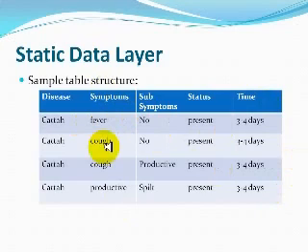Here you can see the symptom as fever. If it contains sub-symptoms, like productive cough, the productive cough could be split. Likewise, the data is arranged and stored inside the static database.